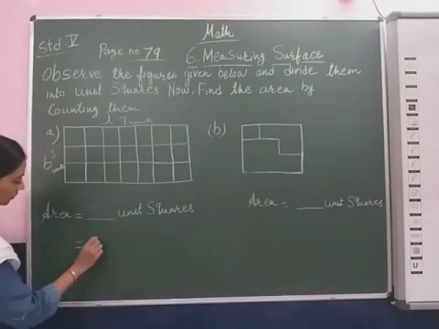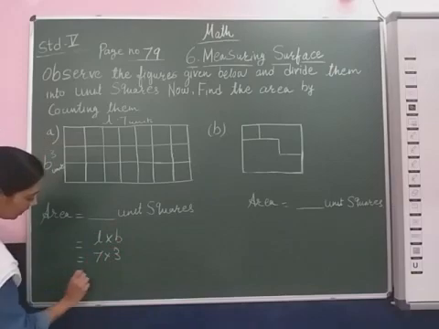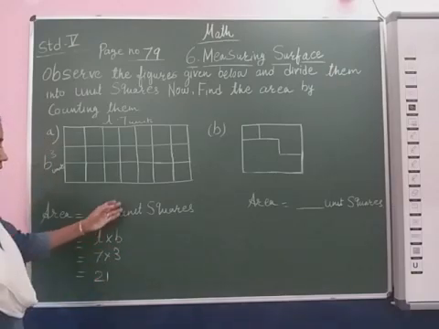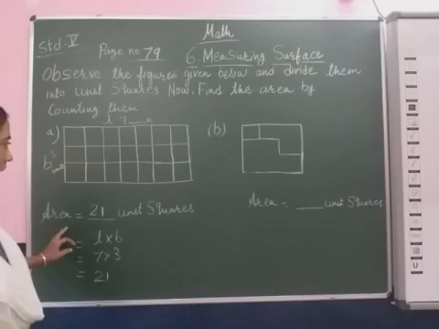So L into B, we have 7, 3. 7 3s are 21 square units, or unit squares we can say. So 21 unit squares here we have.